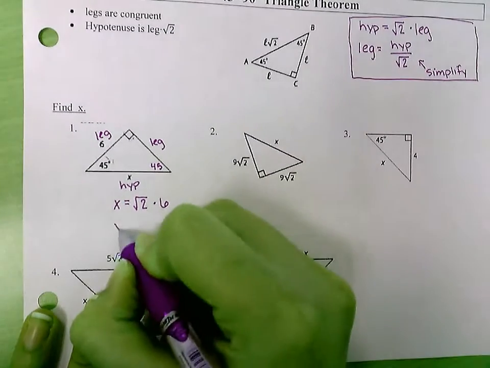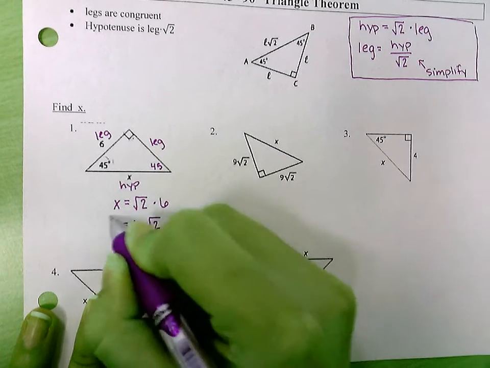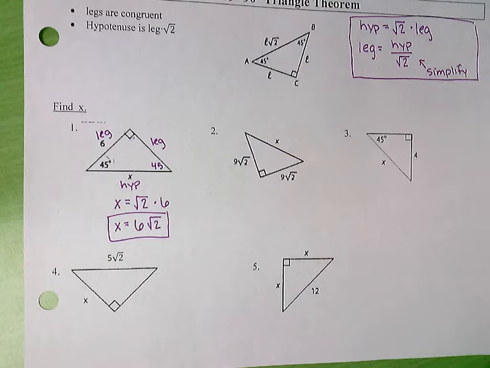Now I'm just going to rewrite it so it's a little bit easier to look at. So I have 6 root 2. That's your answer. You're done. That's it. You don't need to enter it in your calculator. That's why these are special right triangle rules. You don't need to use a calculator. You already got your answer.